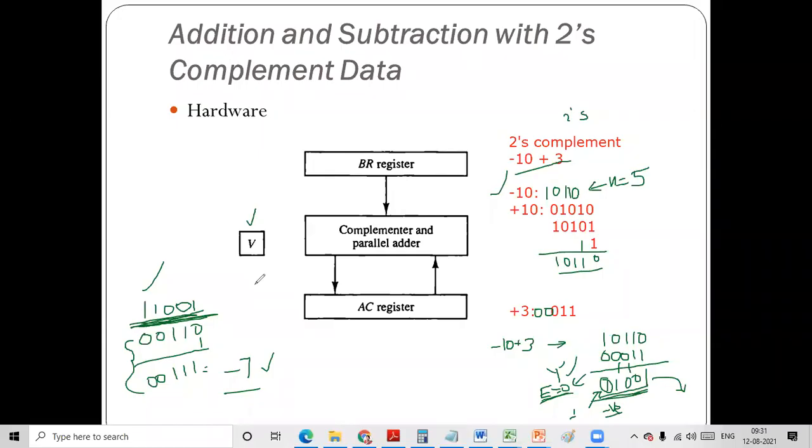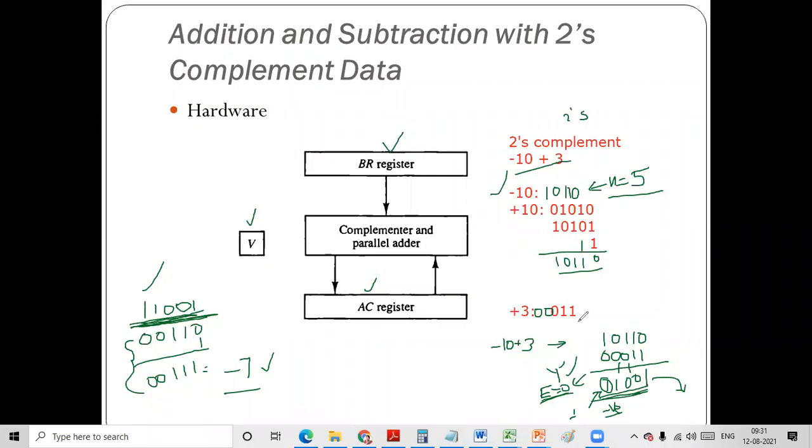To perform this operation, I require hardware with 2 registers. One register is called the accumulator register AC, which holds the total n-bit length of the number, not just the magnitude as in sign magnitude form. It holds the total n-bit length number including the sign. And the BR also holds the total n-bit length including the sign.